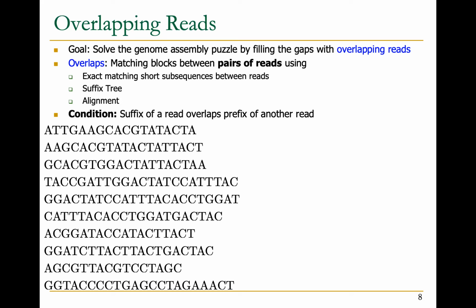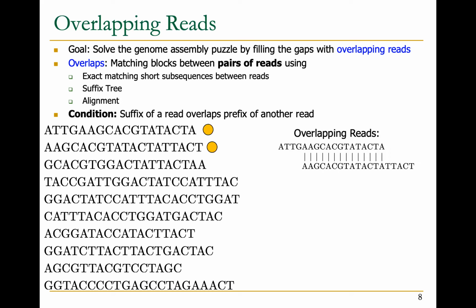We want to extend so that we can construct the genome assembly. But if a read was fully contained within another one, then our knowledge is actually not extended. We don't really create any extra information. There's no entropy there. So we don't really care if a read is fully contained within another one. So that condition is there because of this. We want to extend our knowledge.